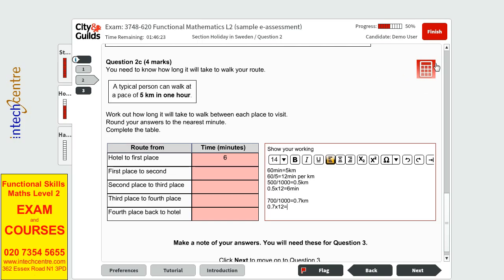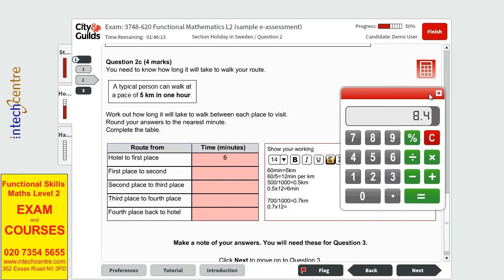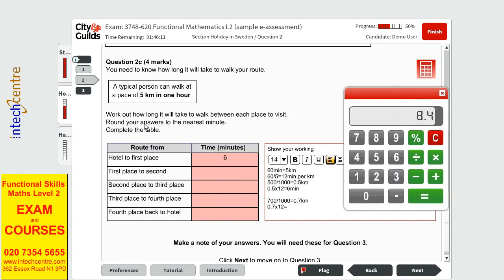Let's see how many minutes that will take. 0.7 times 12. It will take 8.4 minutes. And they are saying that we have to round your answers to the nearest minute. So we could put it to 8 because it's under 5. Therefore, it will be 8 minutes.